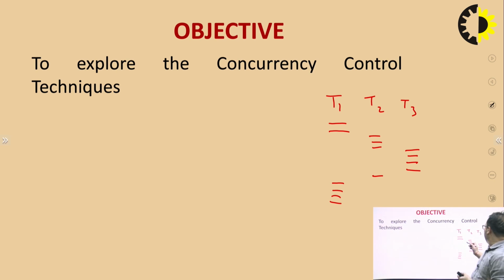So how can we control the concurrency so that correct operations are performed? It ensures the correct operation of transactions.